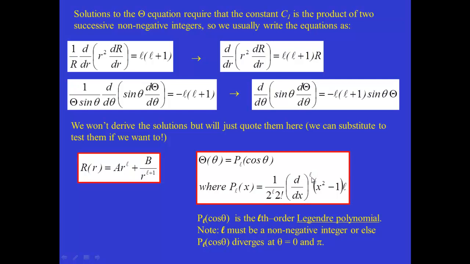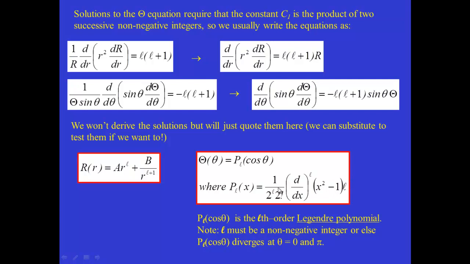So if L is equal to 1, we just have d by dx. If L is equal to 2, we have d squared by dx squared. If L is equal to 3, then it's a 3rd derivative, and so on. And I see one more time that I've made a slight mistake in this expression. The L on the right-hand side should be a power. So this term should be x squared minus 1 quantity to the lth power.